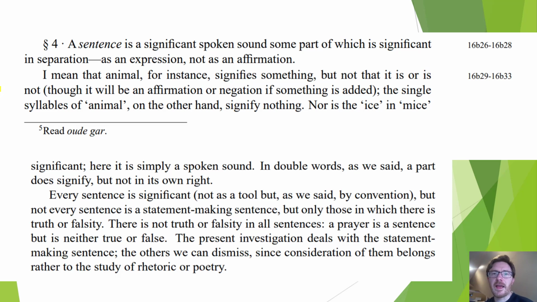The single syllables ni and mul, those aren't signifiers. So we have to have some sort of noun, some sort of signifying term in order to get a sentence. "Nor is the ice in mice significant. Here it is simply a spoken sound," even though ice could be significant. The fact that ice is stuck inside the word mice, it's not significant.